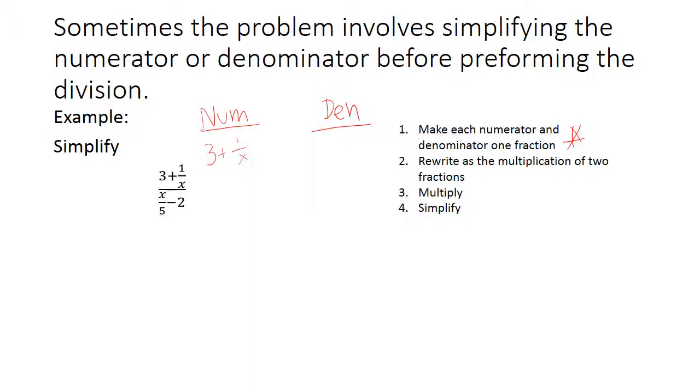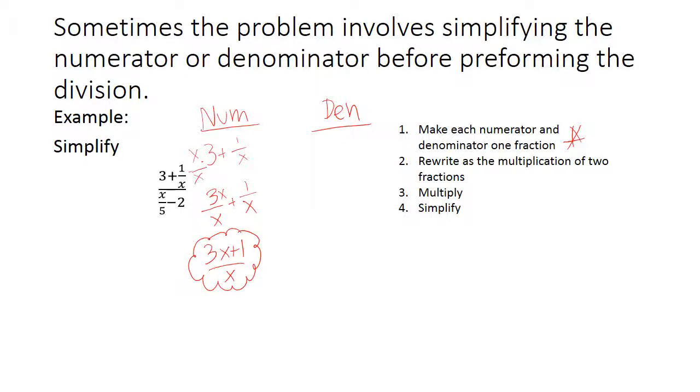So I could multiply 3 by x over x to get 3x over x plus 1 over x. Now if I add that, I get 3x plus 1 over x. That is one fraction.